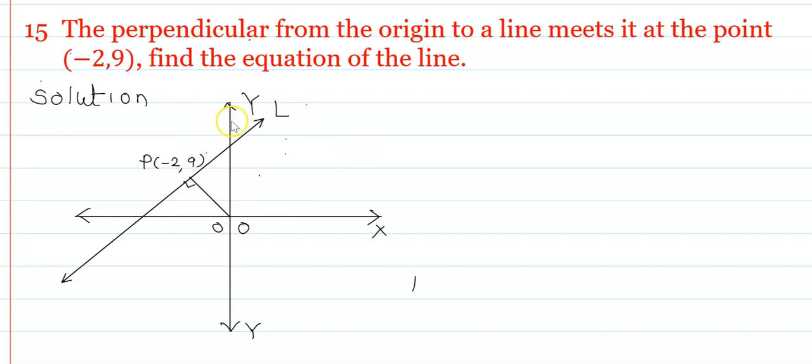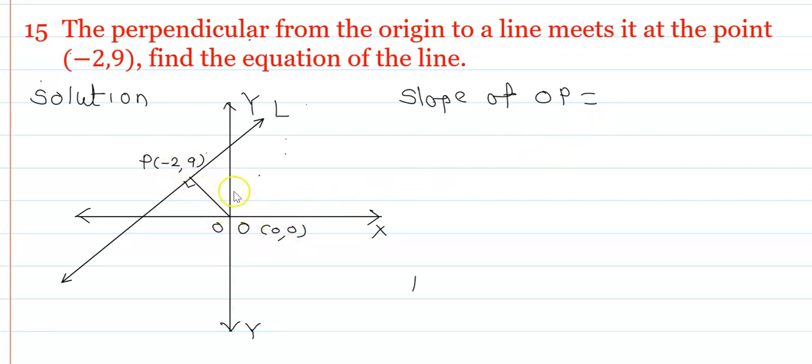We want to find the equation of line L. Therefore, slope of OP is equal to, okay, this is the origin. O has coordinates 0, 0. Okay.